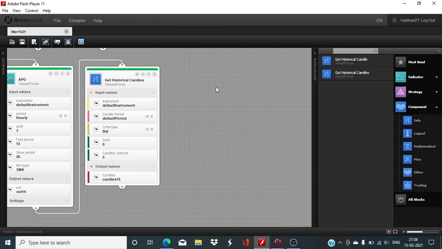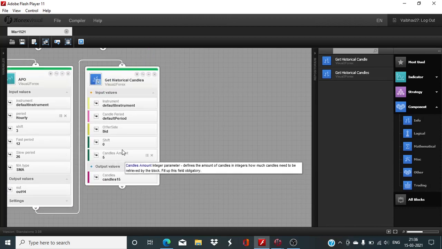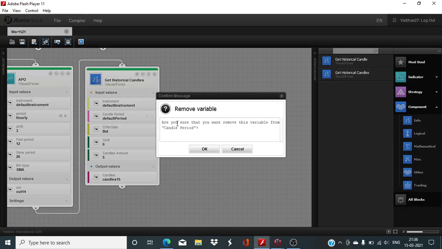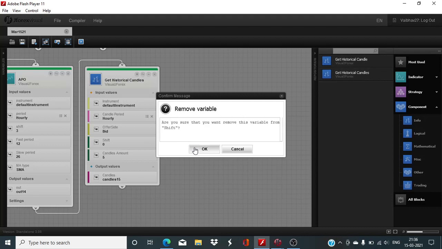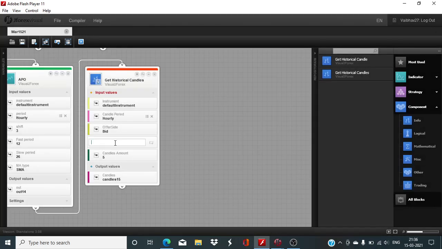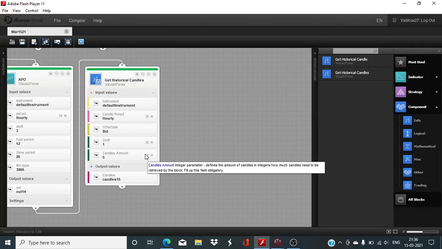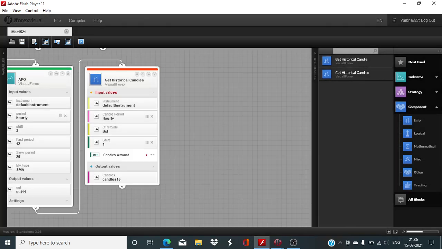And for that I will take four candles of 1 hour each. So here this needs to be changed to hourly. Okay, shift will be 1 and this candle amount will be 4.